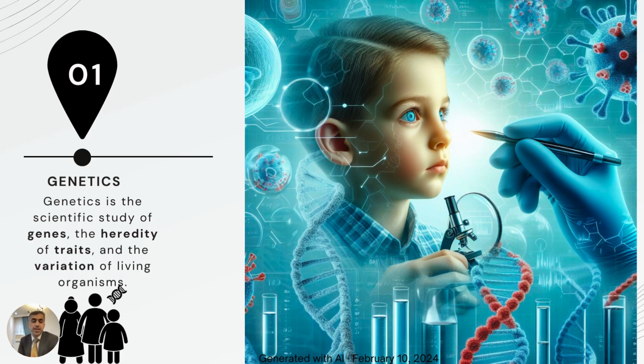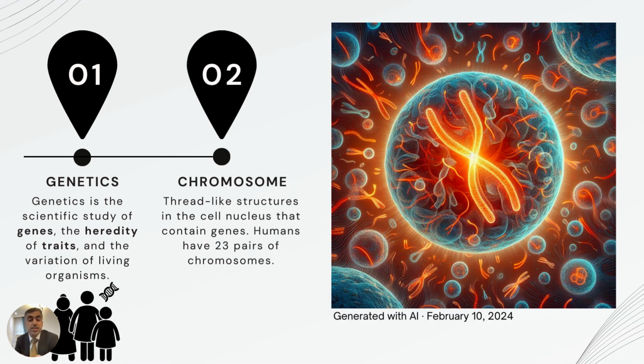Now, the first one, genetics. It means the study of genes and heredity of traits plus variations of living things or living organisms. This is genetics. Genetics involves chromosomes. So, what are chromosomes?